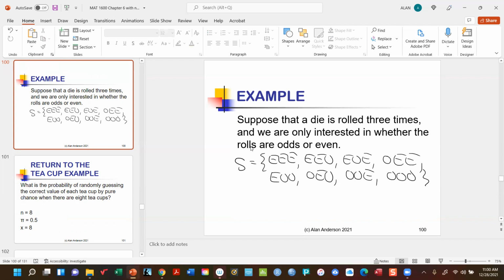Once again, this qualifies as a binomial experiment, so we can use the binomial probability to calculate any number we need. And once again, let's define X to be the number of evens that turn up.